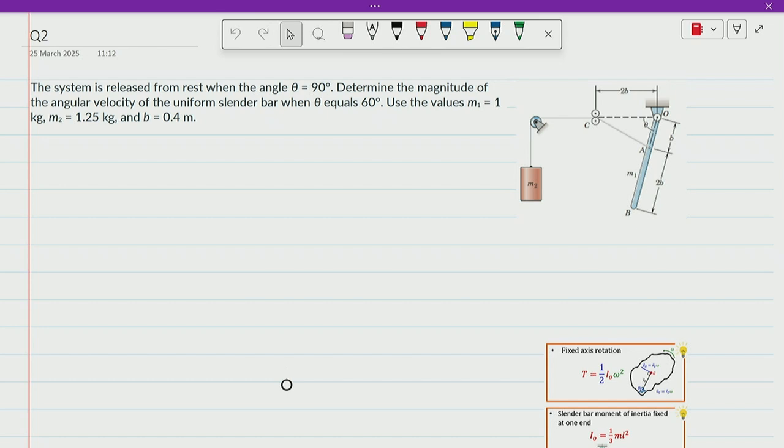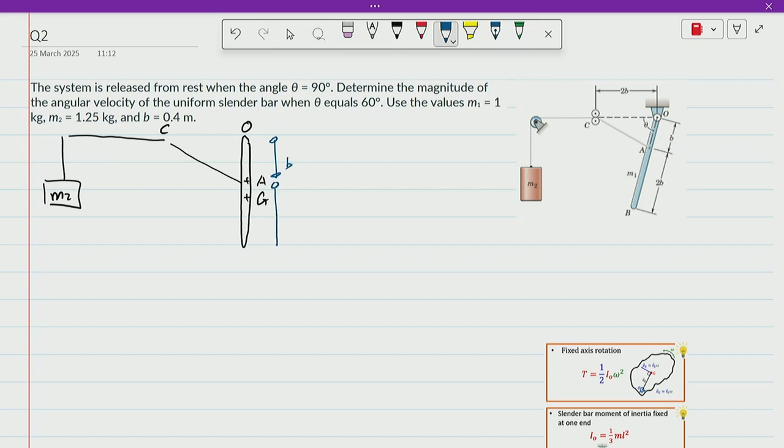So you have a system. Theta is originally at 90 degrees. So again, we're going to draw it out. Never skip the FBD and also these kind of sketches. Visualization is very important in engineering. We have A here. Now A is not the same location as the gravitational center.